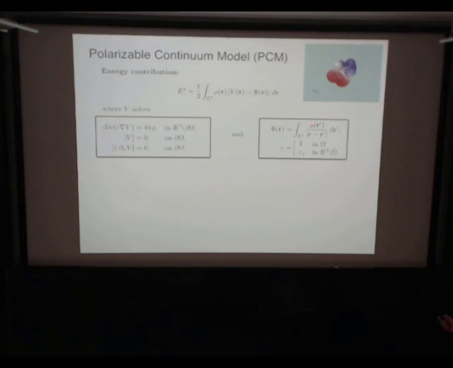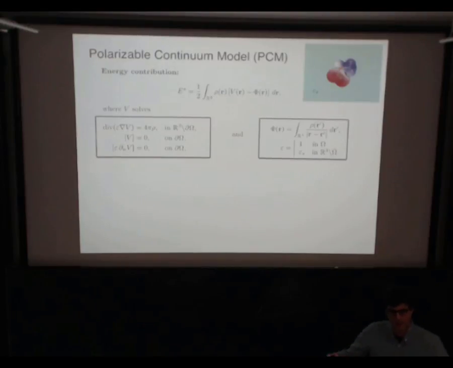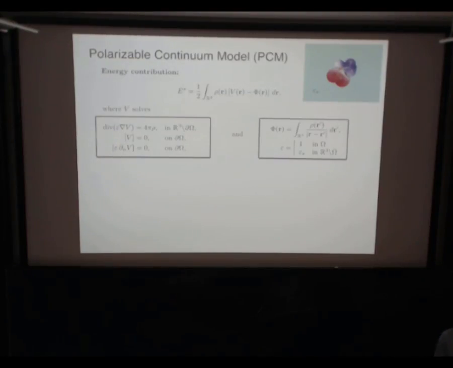First of all, if the solute density is given by rho, I consider by phi the free space potential. So this is the electrostatic potential in vacuum, so if no solvent is present.